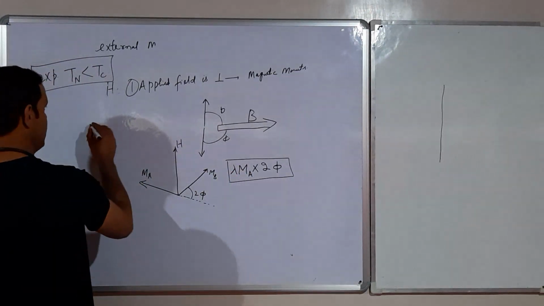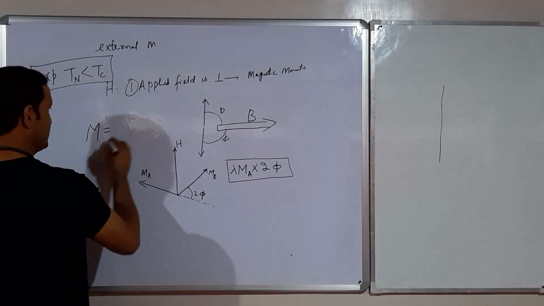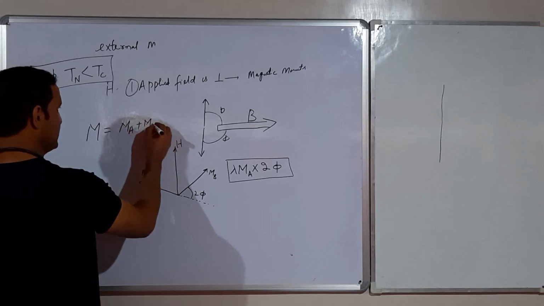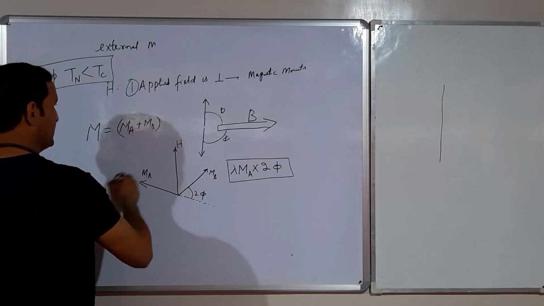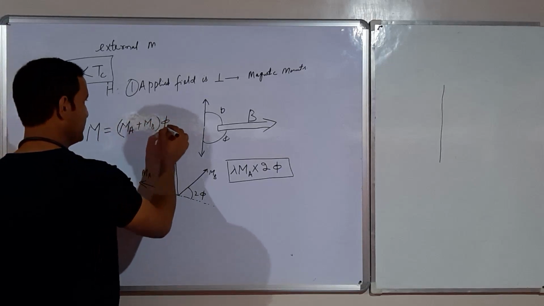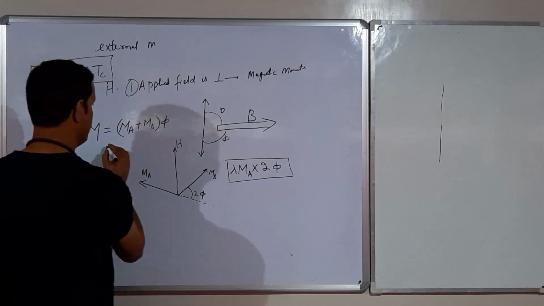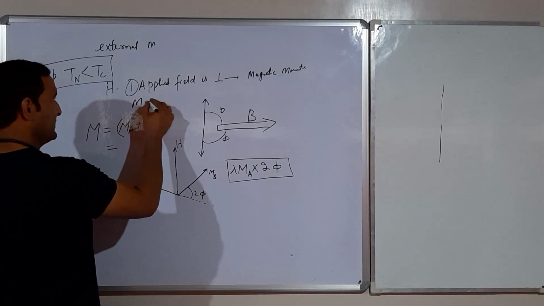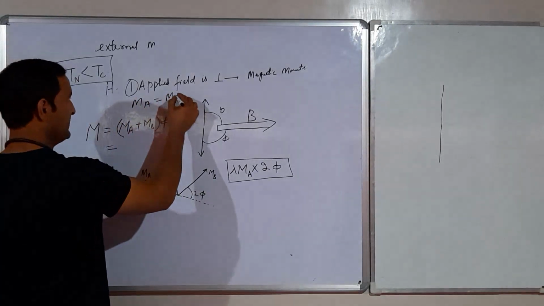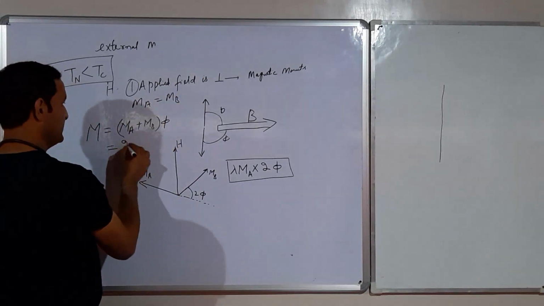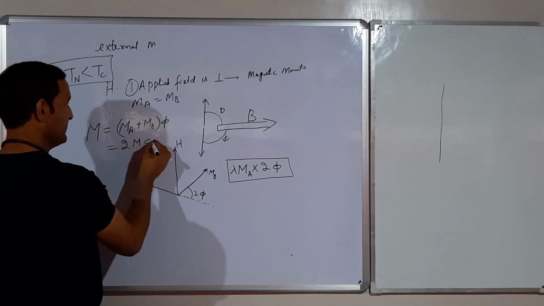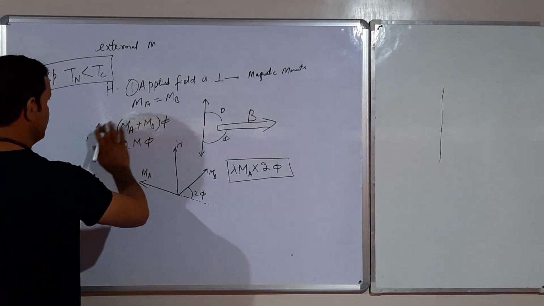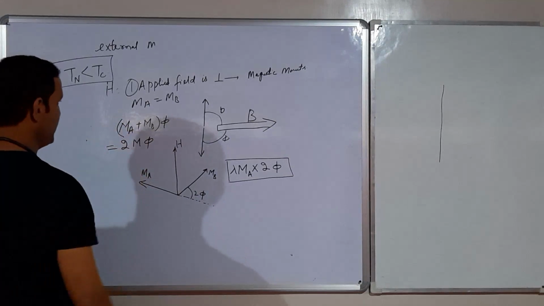So M will be equal to Ma plus Mb multiplied by phi. If Ma is equal to Mb, we can write twice M phi, the net magnetization due to Ma and Mb.